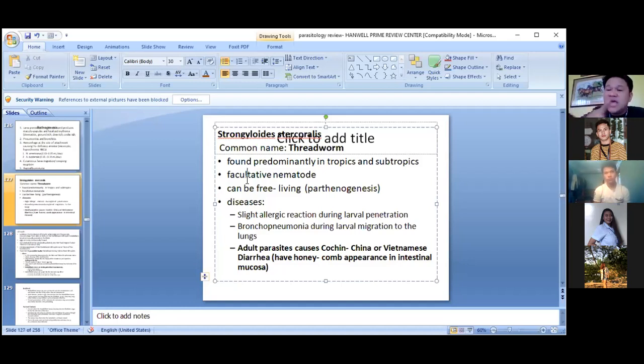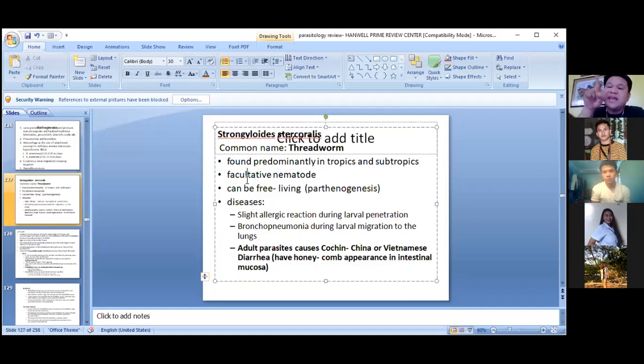Correct? So, ganyan, may ganon, ganyan. Naintindihan? Yung brush border nila, magkakaiba ng length on a normal circumstance. But because of Strongyloides stercoralis, the lamina propria of the intestinal epithelium is being damaged. In other words, because it's denuded or damaged, it is eroded, so to speak.